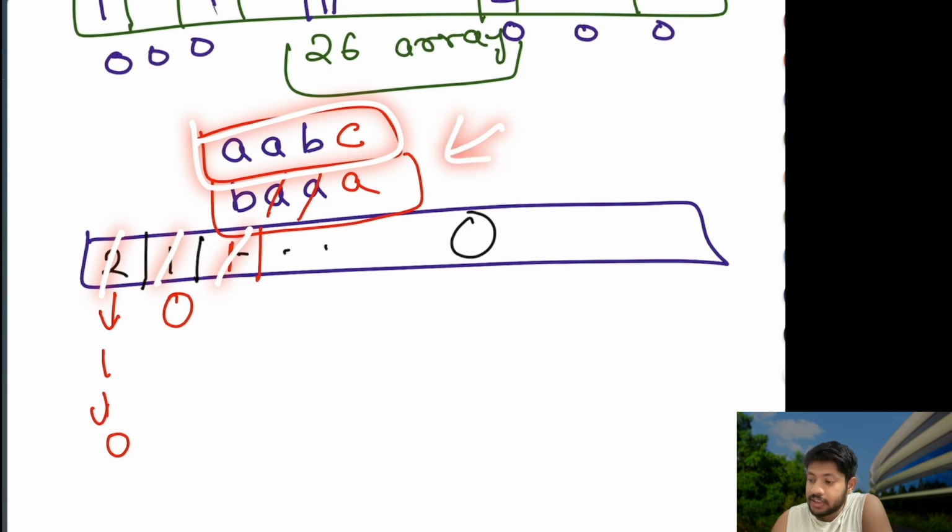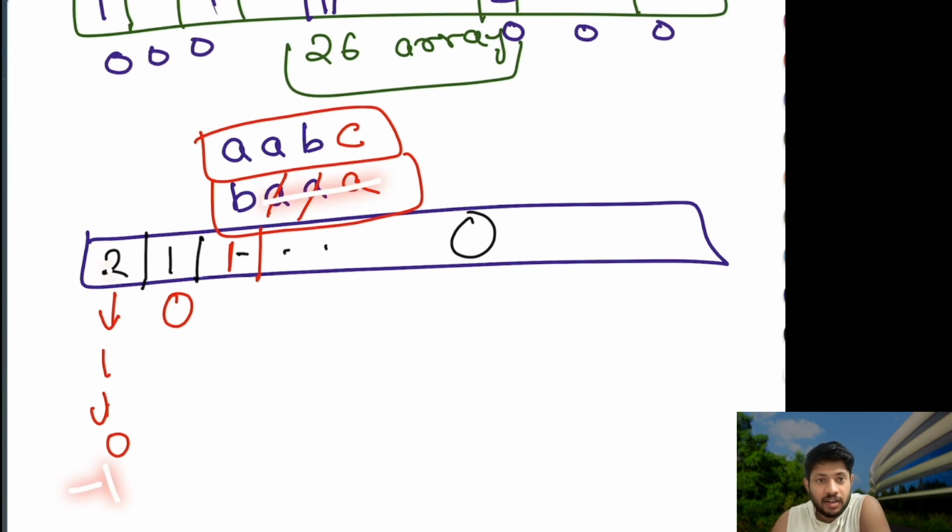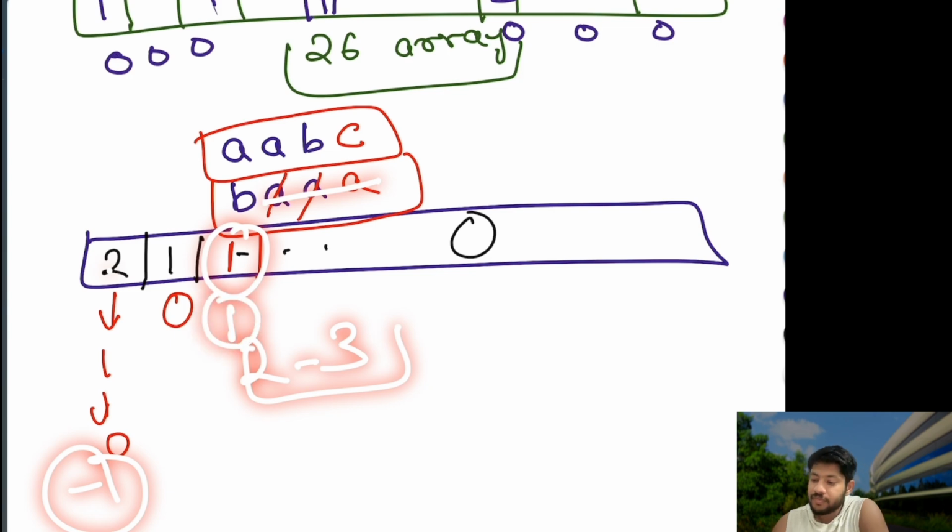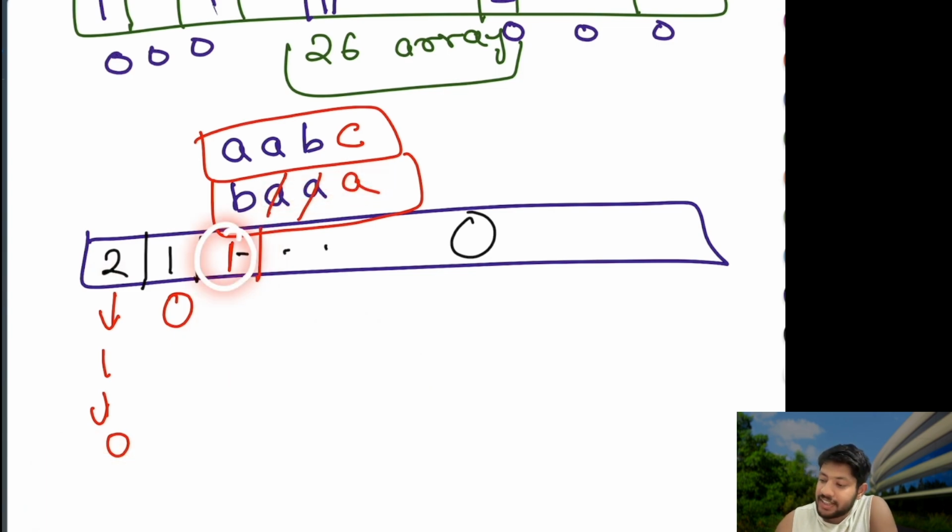When we are processing the second string, we will have 0 number of B because we have 1B here, so this 1 will be reduced to 0. We have 3 number of A, so this 2 will be reduced to -1, 2 minus 3. So it will be -1, and this C will remain 1. That is, we have one extra C in the first string, one extra A in the second string. They are not anagrams.